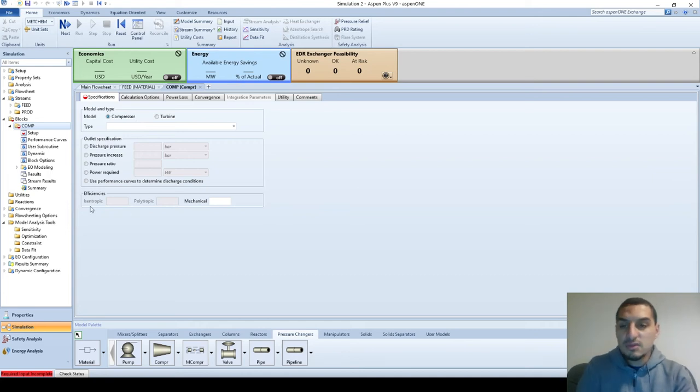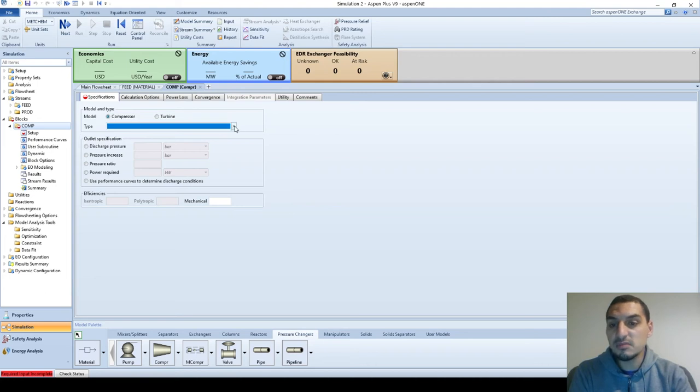And that's why you would notice here in this part, if you're choosing the compressor, then you have the option of discharge pressure, pressure increase, pressure ratio, and the power required to do the compression. In case of a turbine, you'll find that you have pressure decrease and power produced, and this is how they both work. You'll find here another list that you have to pick something from, and this is how you are going to do the calculations.